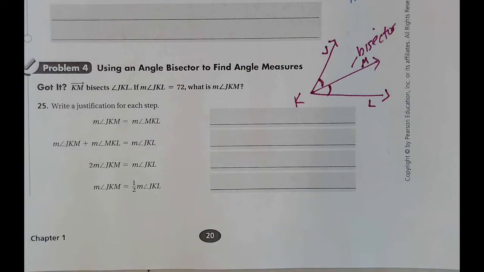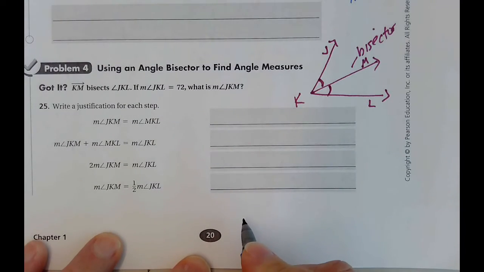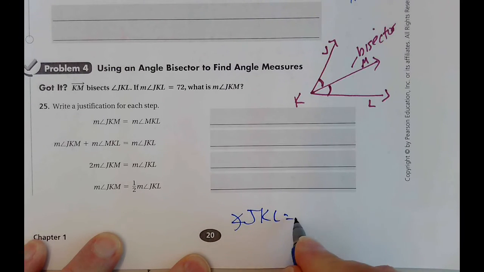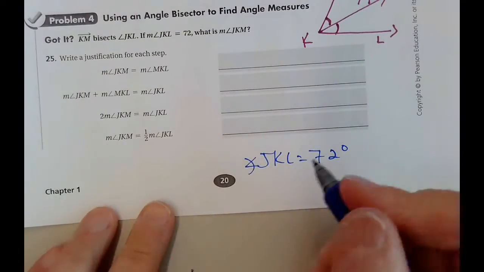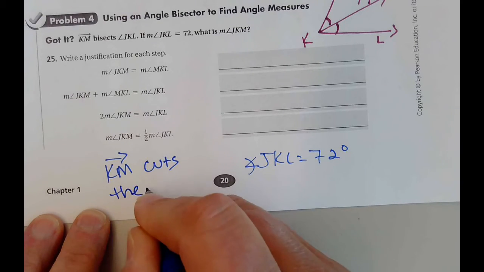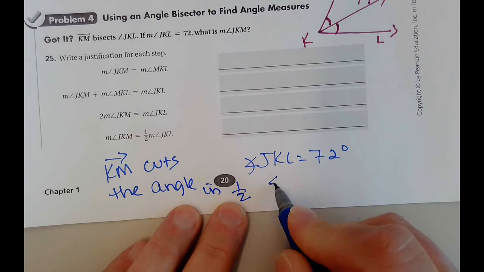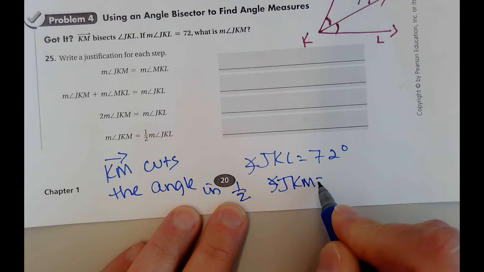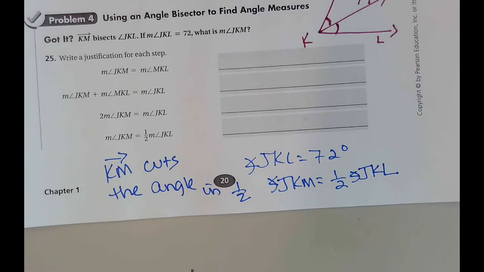JKL, the entire thing is 72 degrees. So JKL is 72 degrees, but I know that it's a bisector. I know that KM is cutting that angle in half. So what I know is that JKM is 1/2 of JKL. Remember, you got to make sure that's an angle bisector.